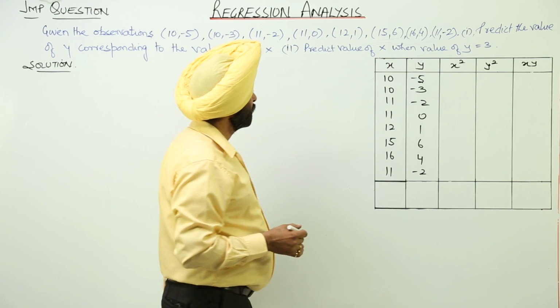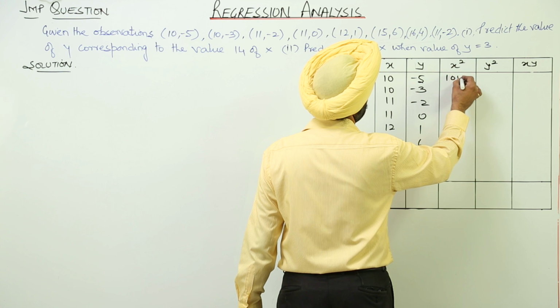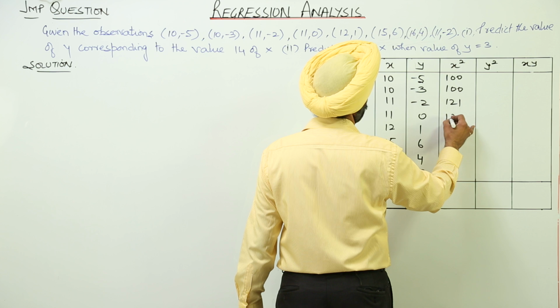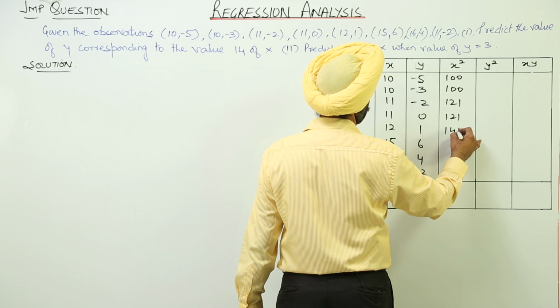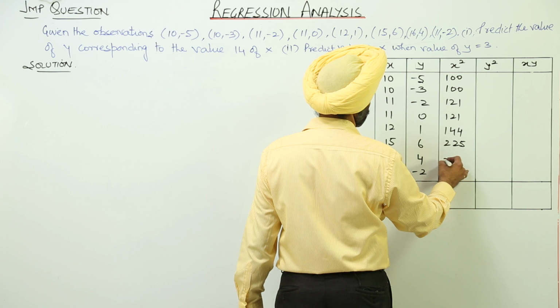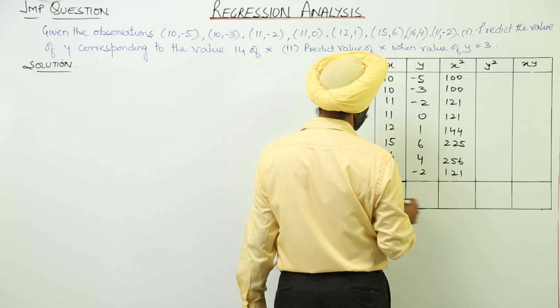Is it clear? So, x square becomes 100, 100, 121, 121, 144, 225, 256 and 121.